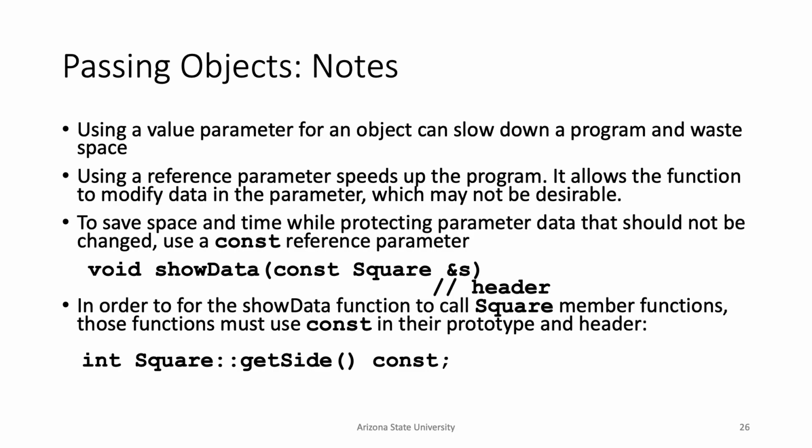So why might this be a good thing? Think of this. If you have multiple threads, which is multiple instances of this program running, and they try to access a shared square, if they try to call getSide and it's not labeled const on the right side like this, then it could be that one of them is going to access a side variable and change it, and then the other one is going to not execute at the exact same time, and so it may get different values and incorrect behavior because of this.